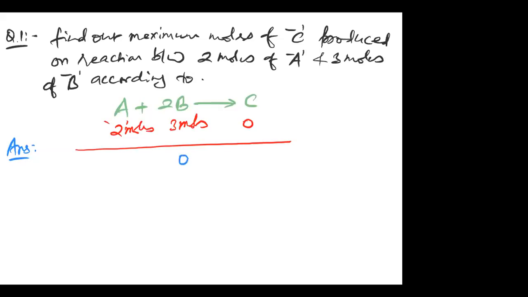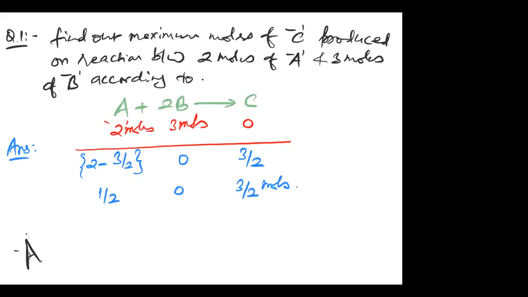Now you can use the unitary method. Moles of C produced should be equal to 3/2, and out of 2 moles of A, 3/2 moles of A get consumed. Moles of A remaining should be half, and moles of C produced should be equal to 1.5. So first we have to decide whether A or B is the limiting reagent.